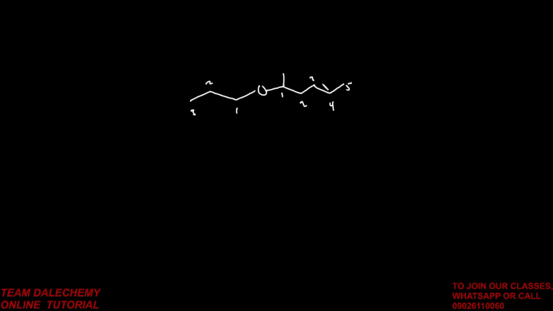So this will become the parent alkane. And how do you name that? You treat this as an alkane, so it has one substituent over here, and you treat this also as the substituent. The substituent over here, an alkoxy group with 3 carbons, will be the propoxy group, so that will be propoxy.